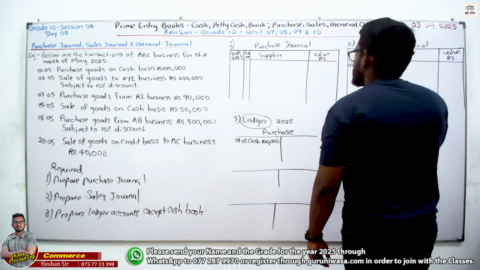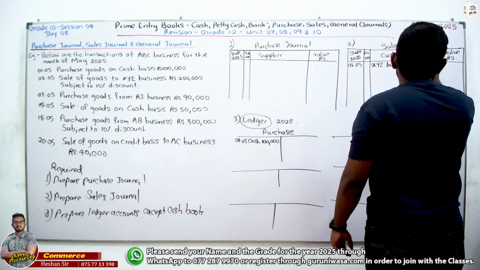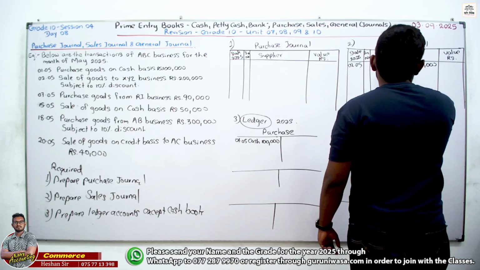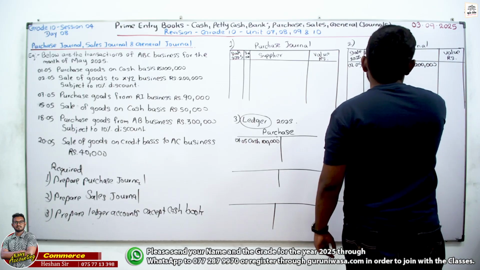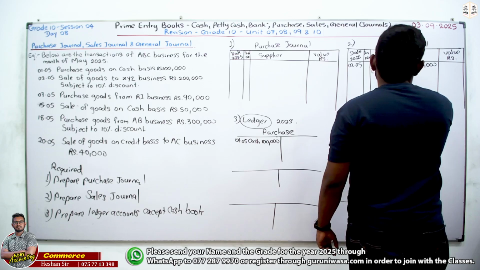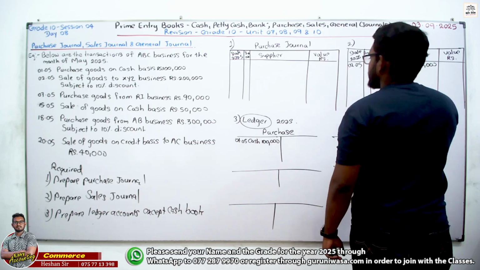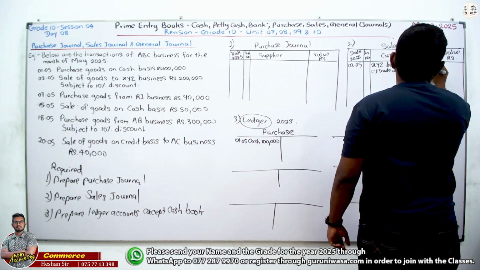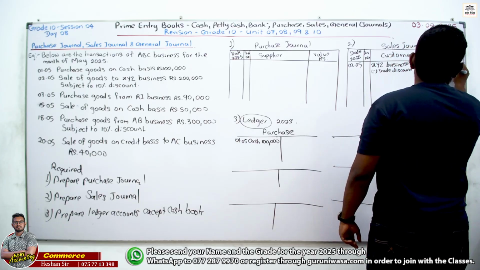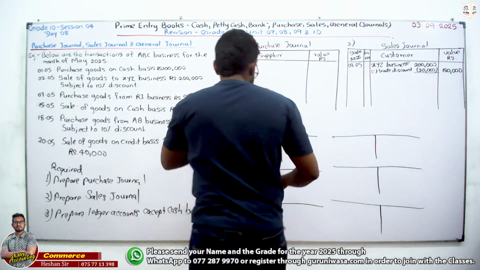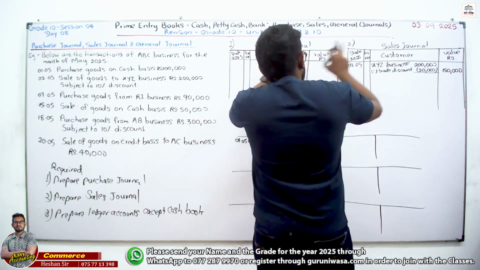How much? You know there is a trade discount. 200,000 is the listed price minus trade discount, 10%, which means 20,000. Once I deduct it, it's 180,000. Let's record the ledger accounts related to these two later.